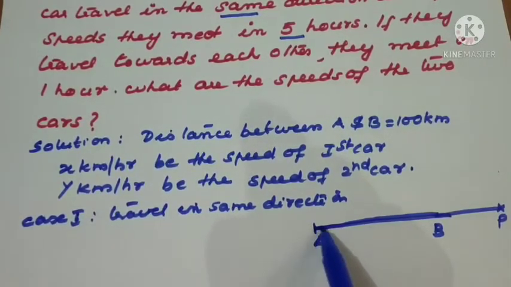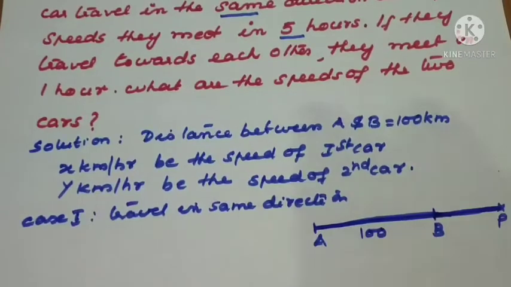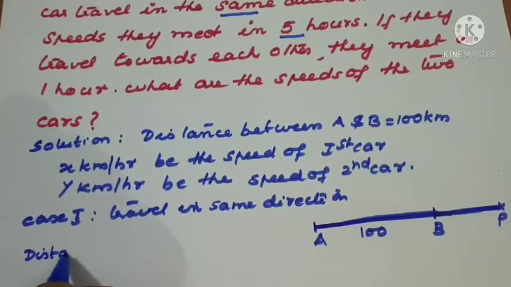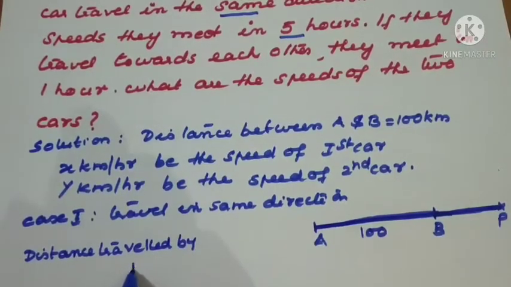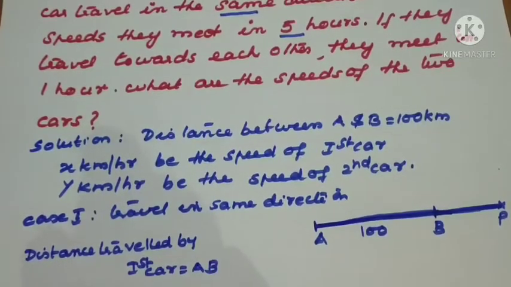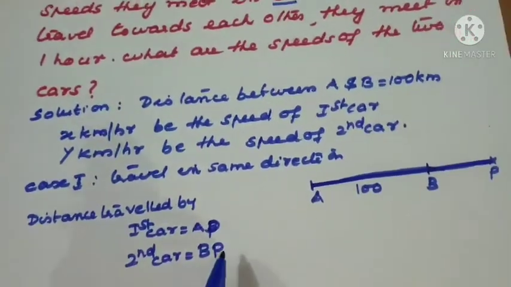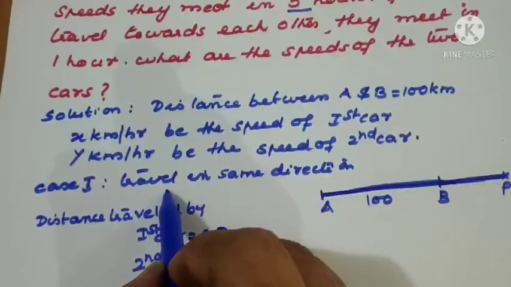So what is the distance traveled by the first car? AP is the distance. What is the distance traveled by the second car? BP is the distance. So we know that AB equal to 100 km, right? Here the distance traveled by first car is AP, second car is BP, and also we know that AB equal to 100.